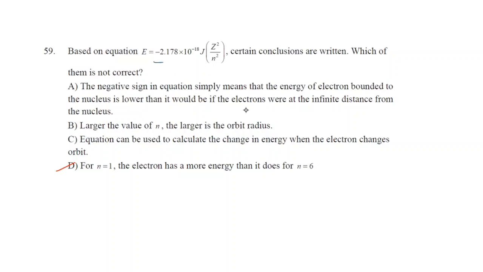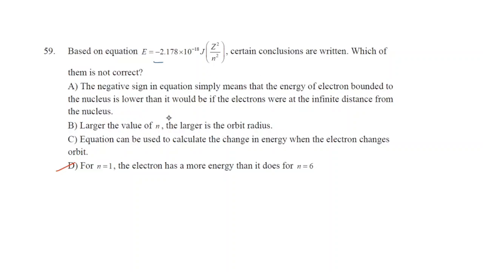It means that when the electron is free, then only it is having more energy. If its energy is taken as 0 at infinite distance, as it approaches the nucleus, its energy decreases, and hence we are showing it with a negative sign. Larger the value of n, larger is the orbit radius.